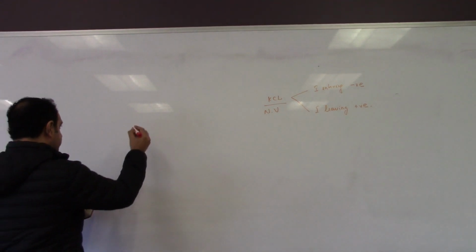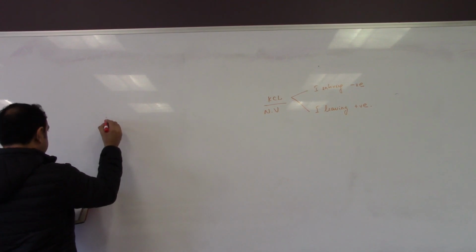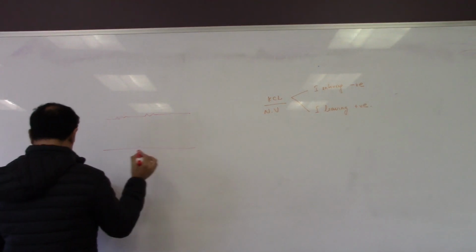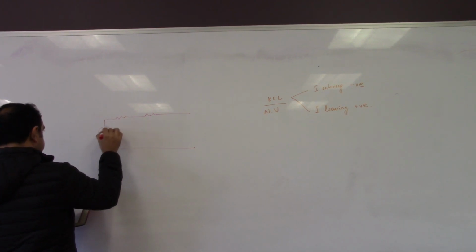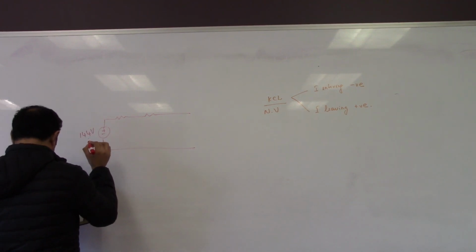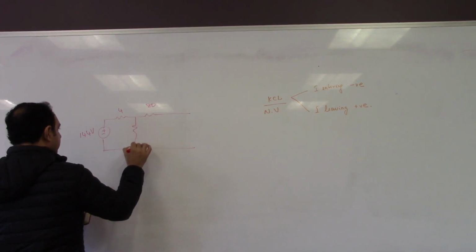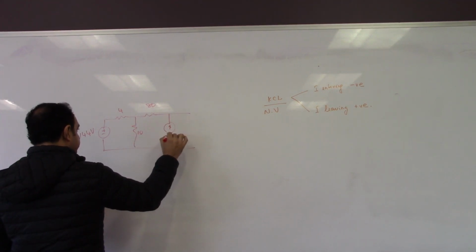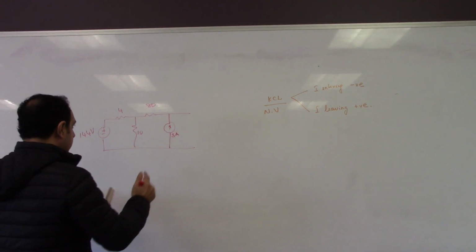Okay, this is a good one. Let's try this. You have 2 resistances, and here, like so, there is one voltage, 144 volts, 480, you have 10 ohms here, 3 amps, followed by 5.